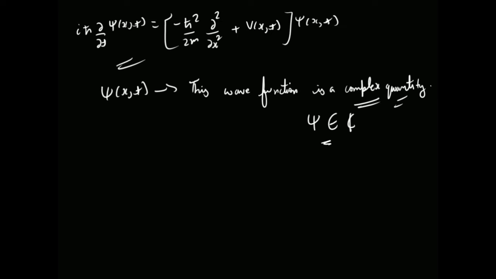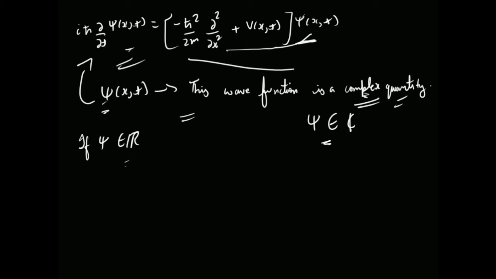This wave function being a complex quantity is a necessity that arises from this wave equation. To satisfy this wave equation, psi must be a complex quantity. Because if psi is real, then this term, as it has no iota, the imaginary number, will be real, so the right hand side will be a real quantity.